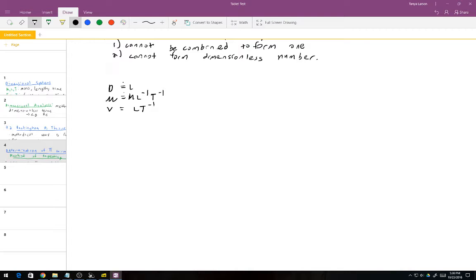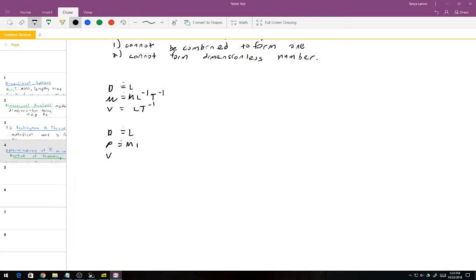Also, there are some other options. What if I looked at D, rho, and V? Would that work? D has units of L. Rho has dimensions, I shouldn't be saying units, I should be saying dimensions, is probably the more proper term.